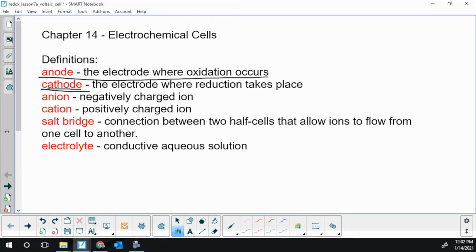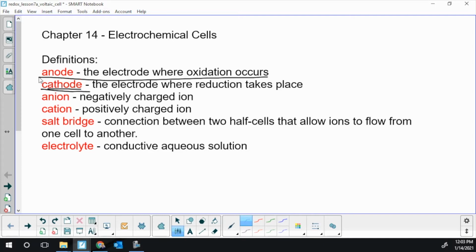Now the agents work, they're the opposite terms, okay? And I use agents a lot. When we use our redox table, the first column is all oxidizing agents and the second column is all reducing agents. So if we use that vocabulary, what's on the board is the definition, but connecting to the table, where oxidation occurs, that's where we're going to find the reducing agent.